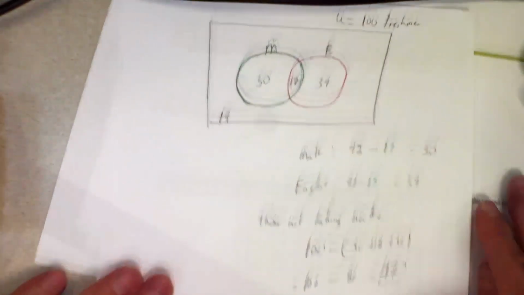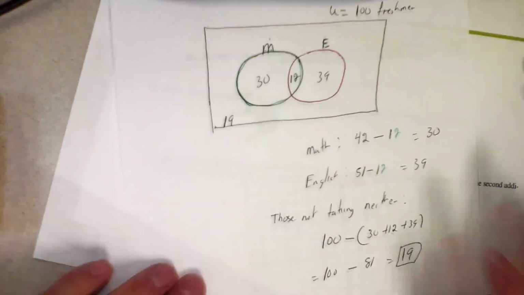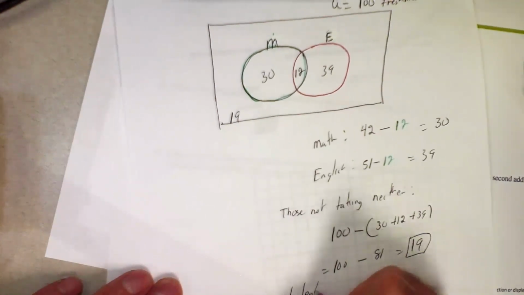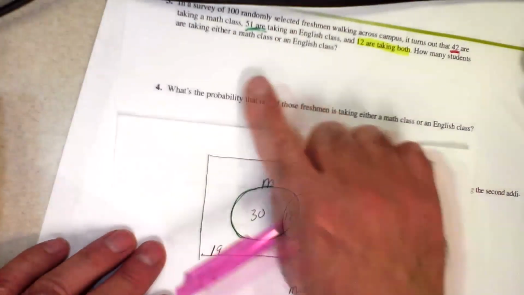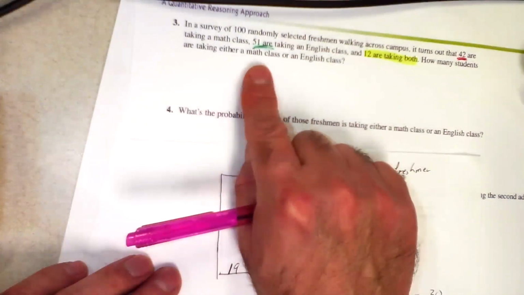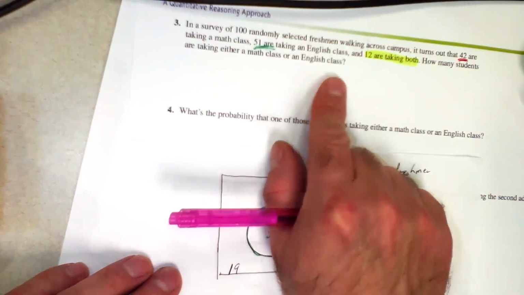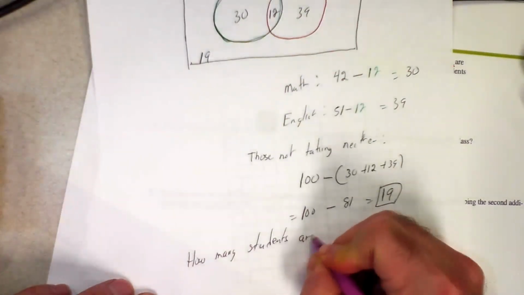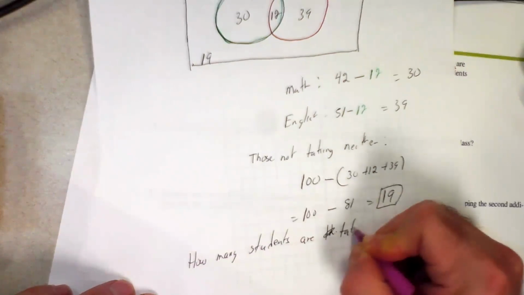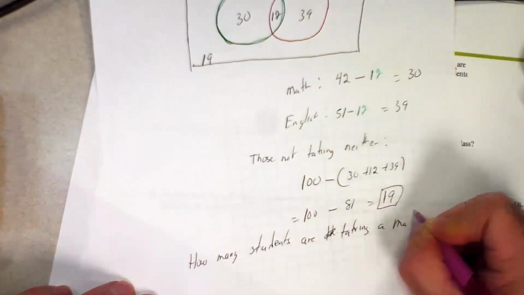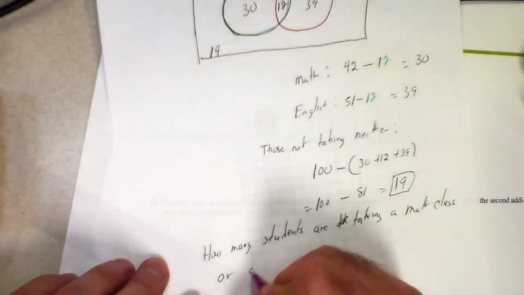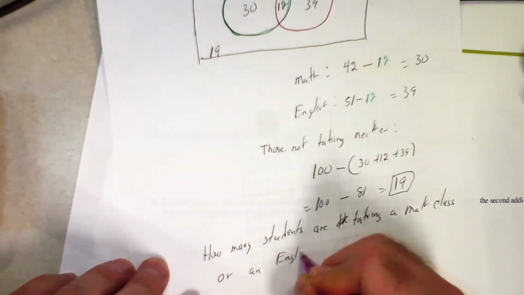So I think the question in the exercise asks how many students are taking either a math class or an English class.